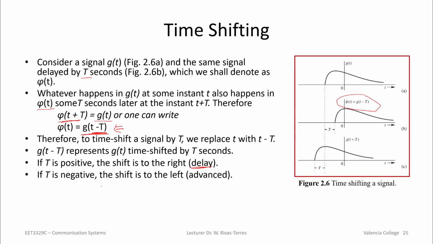If T is negative, on the other hand, then we say that it advances, which is this case. That's why we're showing g of t plus capital T, right? So it advances. It means it happens before our g of t, okay? Remember, the equation is g of t minus capital T. This is a delay.